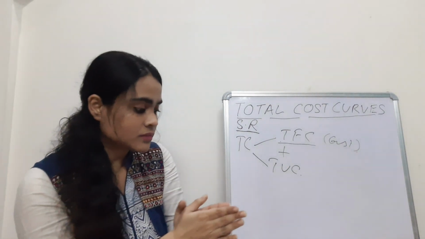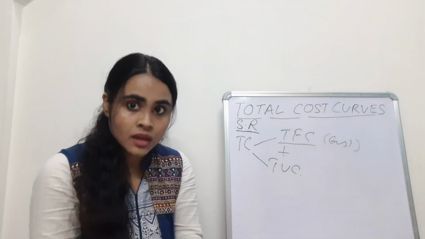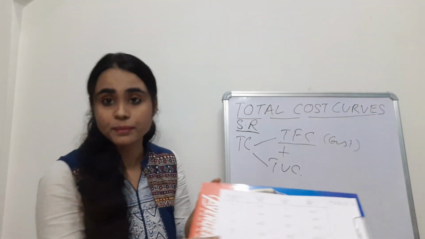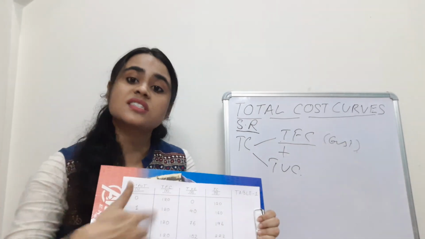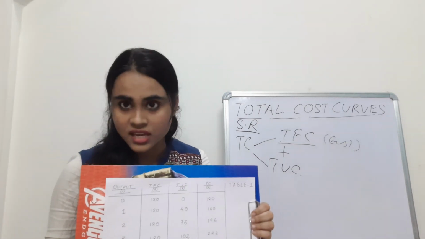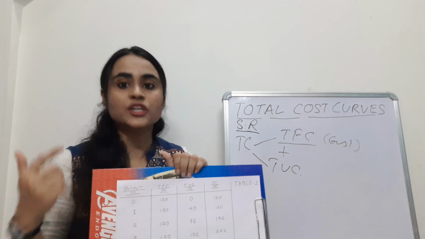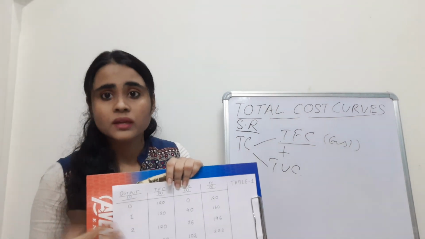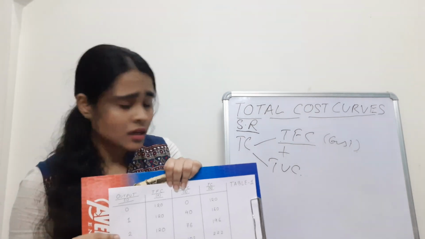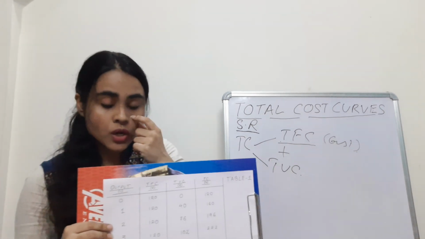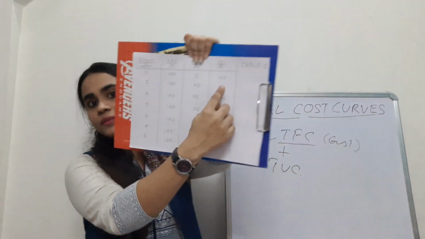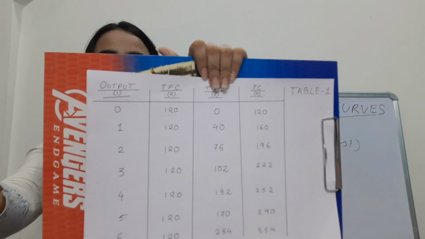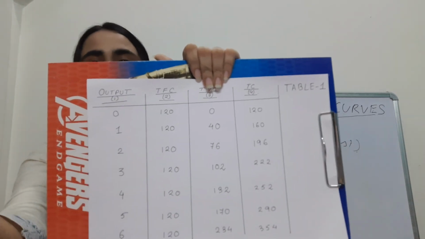Now I am going to show the curves, but before that I need to refer to a table. This is the same table shown in the ISC books. I did not change the data or the values, so students will get a clear understanding. I am referring to this as table 1, and the curves will be drawn with reference to this table as figure 1.